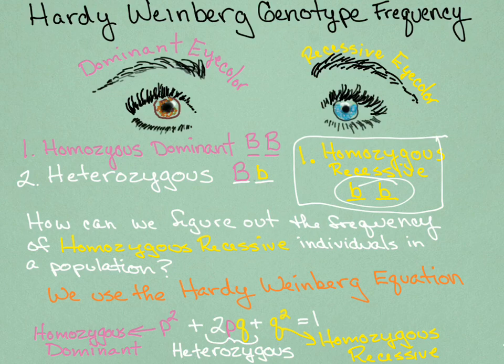That's the only genotype that I know for a fact. So when we do Hardy-Weinberg, we're often starting from the homozygous recessive standpoint because that's the only one you know. If someone has the dominant trait, we don't know what their genotype is. There are 2 different options. So you can't just say, well, if homozygous recessive is 70%, then homozygous dominant must be 30%. You can't say that because there are 2 genotypes here.